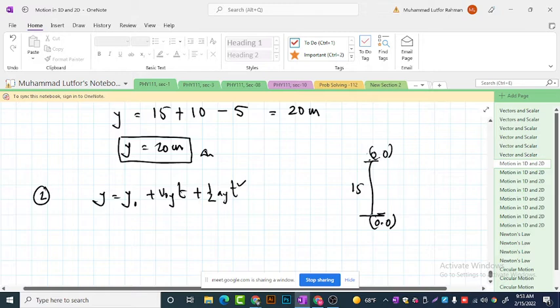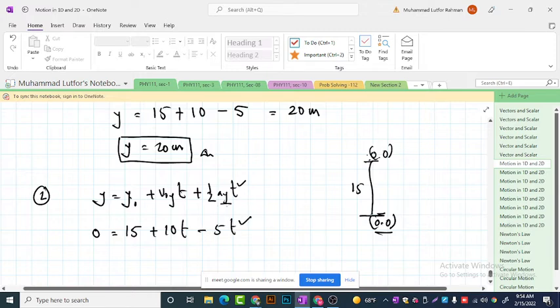But if you choose the origin over here, then your initial displacement would be 0, and you will travel in that case minus 15 meters. But since I choose the origin over here, its final displacement is 0. Initial displacement was plus 15 plus 10t minus 5t square.